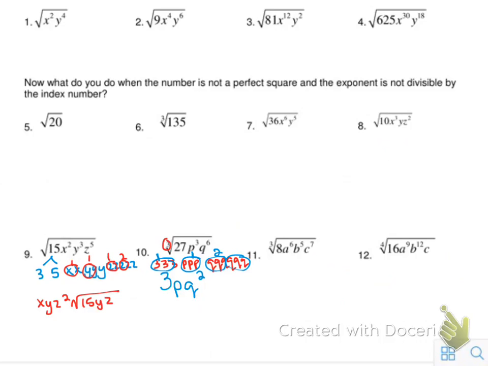That's where this 2 comes from, because there's 2 groups of q's. This is a 1, this is a 1, because there's 1 group of each one. But we don't write the ones, so it looks like that. Last 2 problems. 2a squared b c squared, and then don't forget to put that 3 in there.